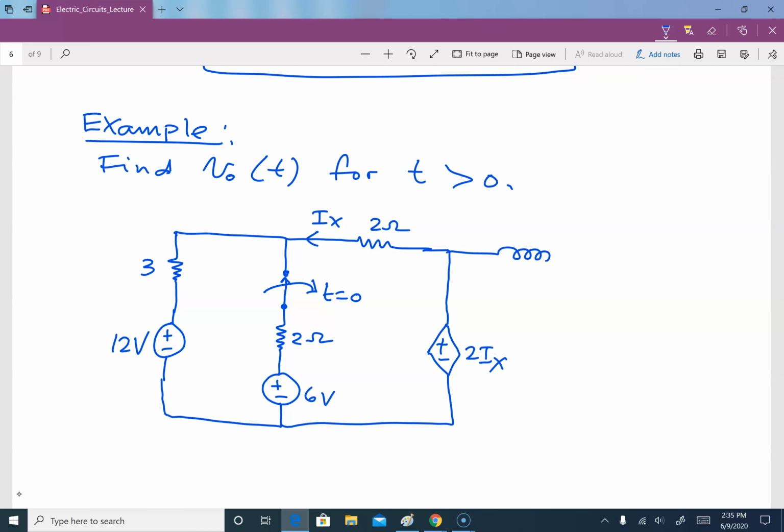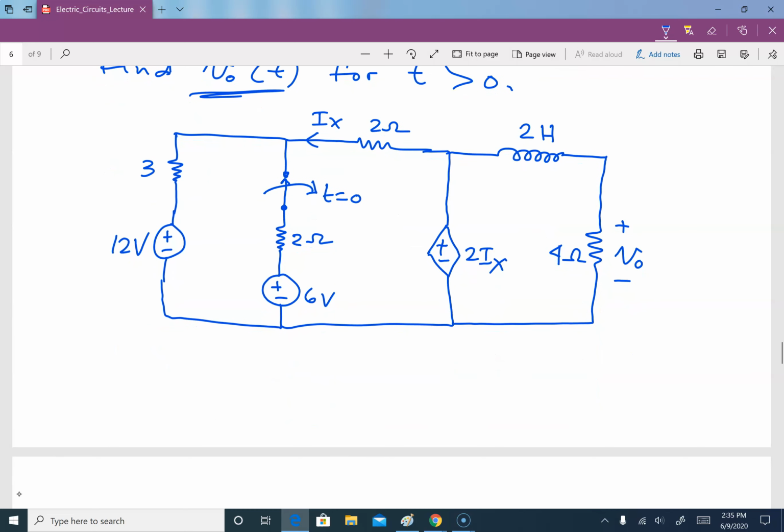Then we have our inductor here, and this is where we need to find our V0 across the 4 ohm resistor, and this is 2 Henry. So this is our question. The switch was closed for a long time and then open at t is equal to 0. So we need to find V0 of t for t greater than 0.